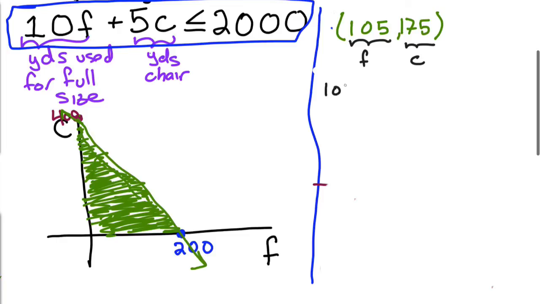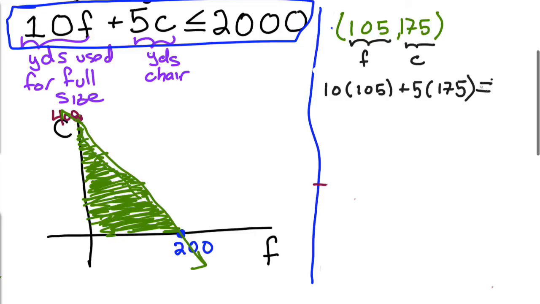So 10 times 105 plus 5 times 175. And you want to ask yourself, is that less than or equal to 2,000?